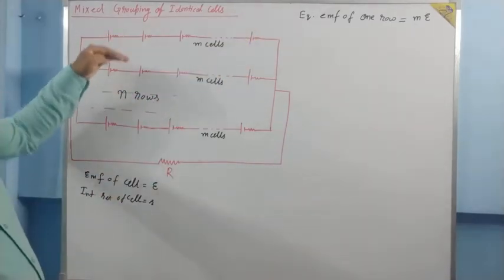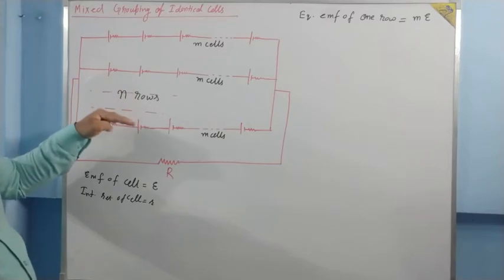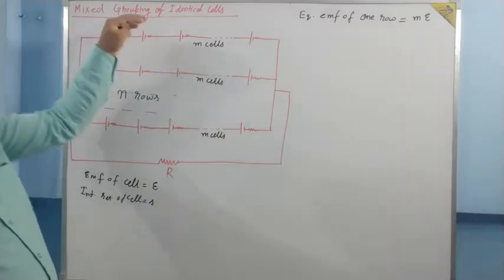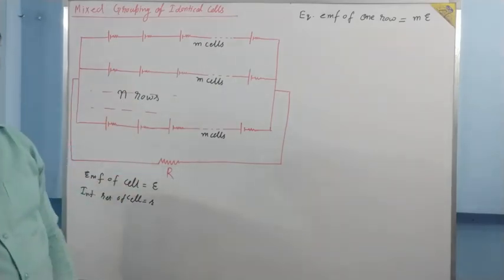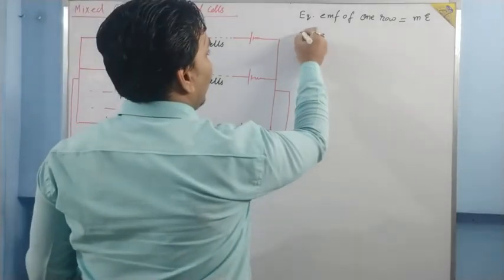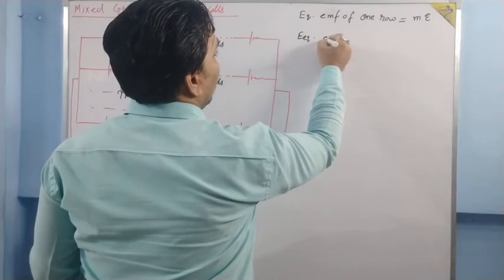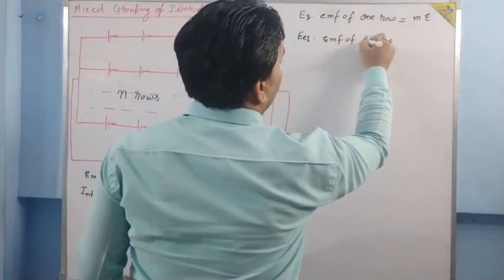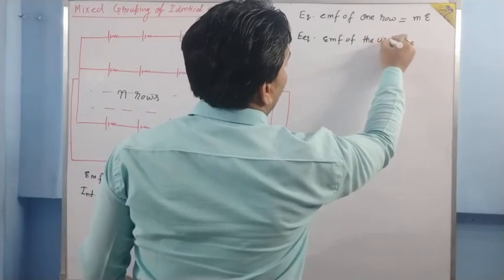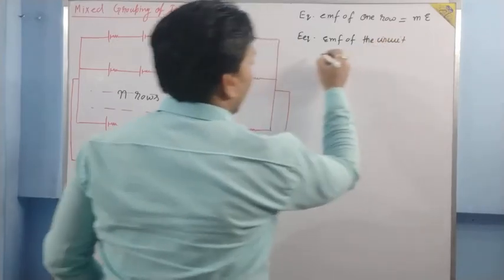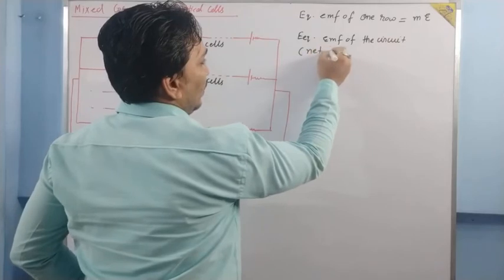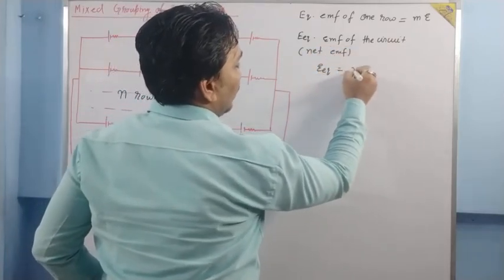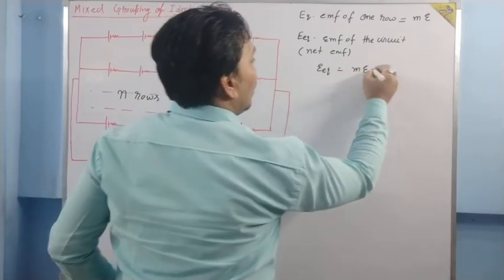Each row will have an EMF of mE, and all the rows are connected in parallel. The equivalent EMF of the circuit, in other words the net EMF, E equivalent will be m into E.